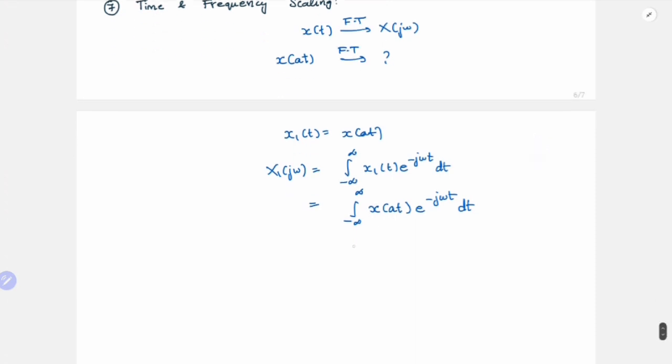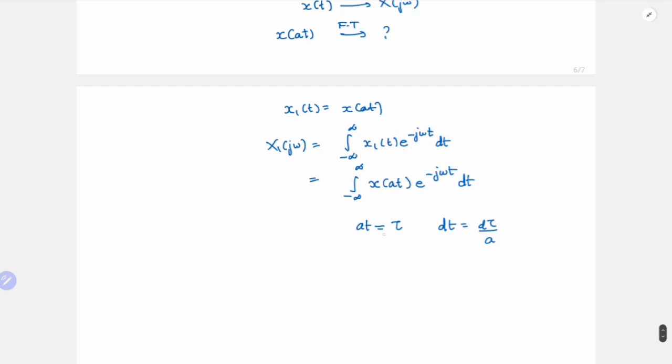And if I replace at with tau, then I have dt is equal to d tau by a, right? And the integrals also will vary according to the sign of a, right? So the sign of a also matters.